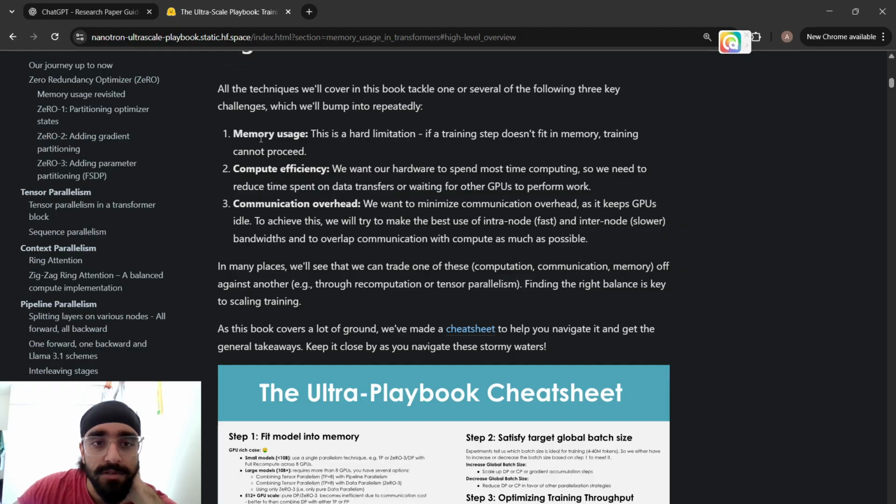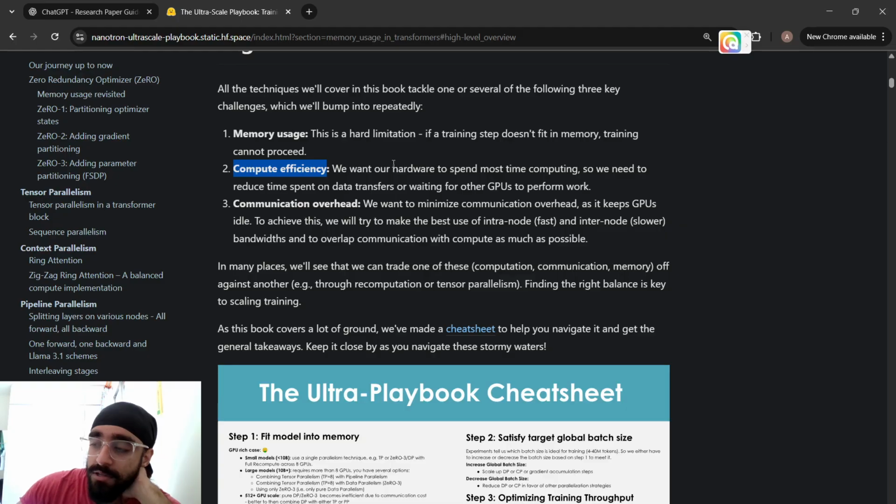Yeah, so memory usage is a hard limitation, as they say, because every GPU has a hard limit on the VRAM, right? So if the training step does not even fit in the memory, we cannot even proceed with training. Compute efficiency: we want the hardware resources to be utilized as much as possible.